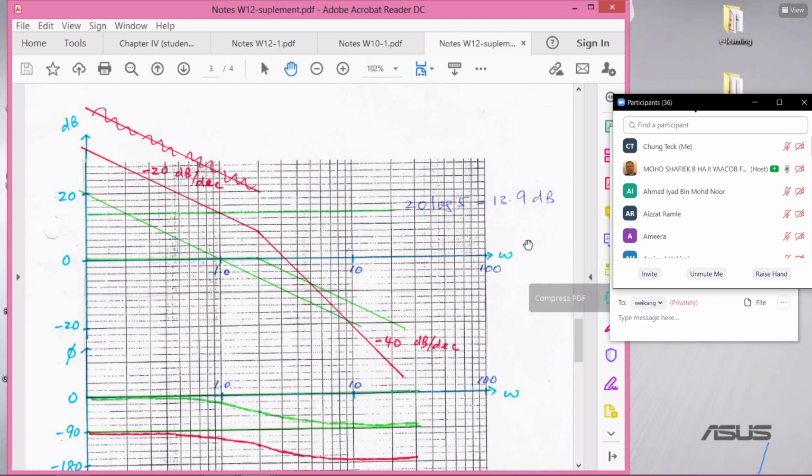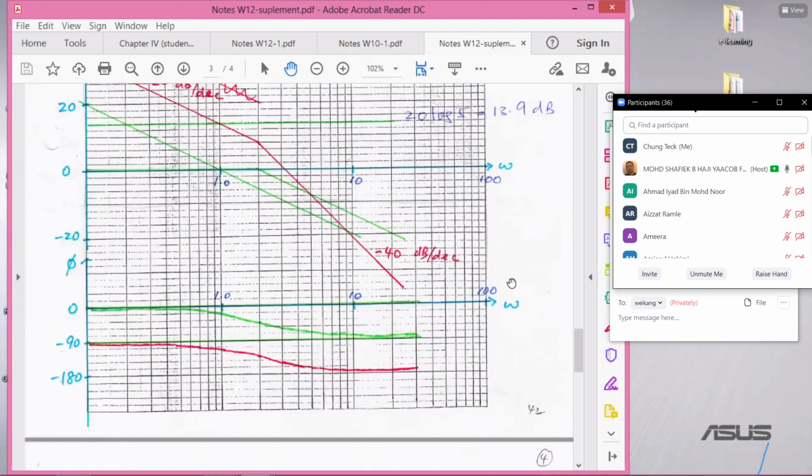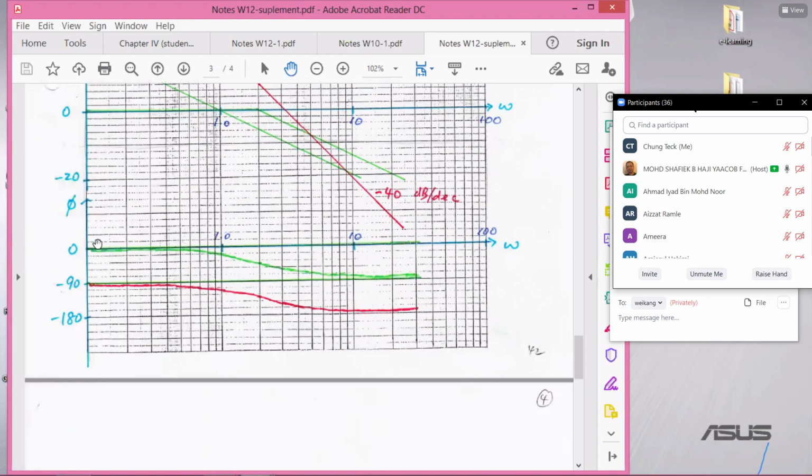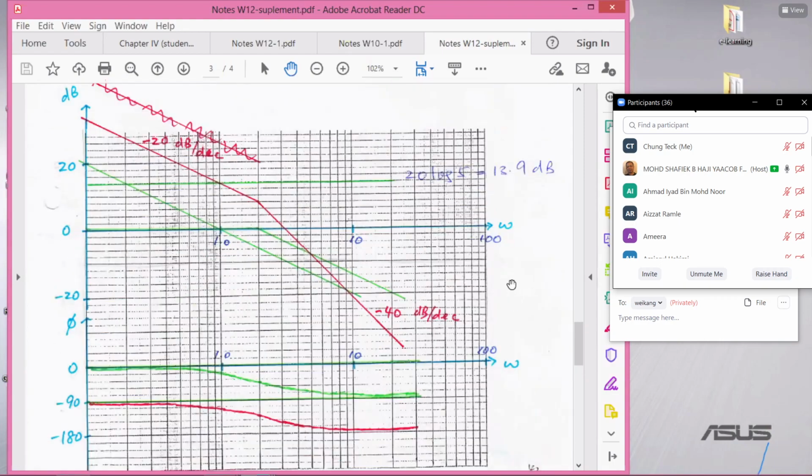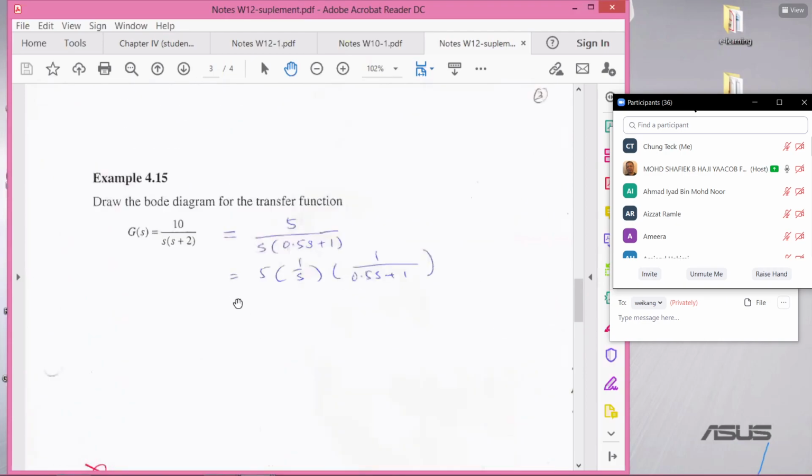So the horizontal axis is your frequency axis, start from 0.1, 1, 10, 100. You use the same scale for phase angle, 0.1, 1, 10, 100. All right, so we have these three terms. So this is 5.